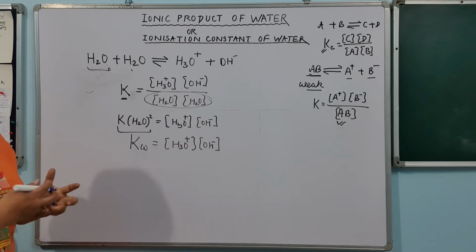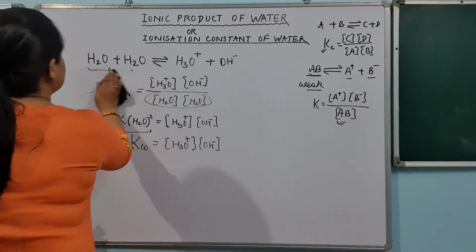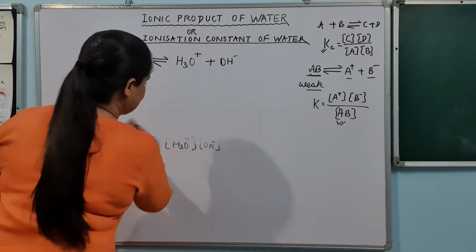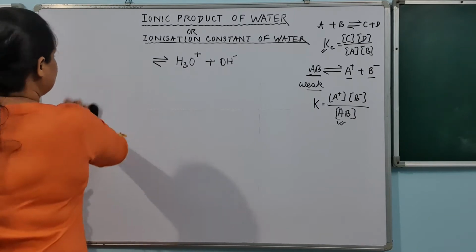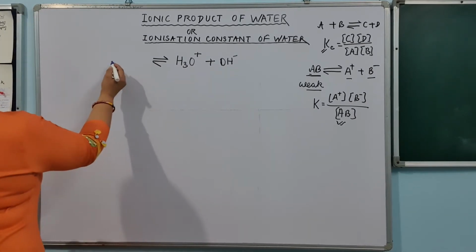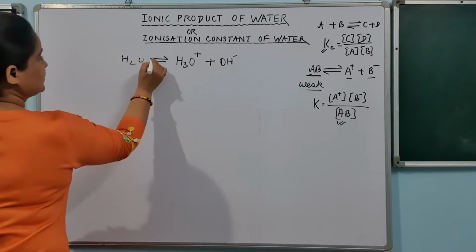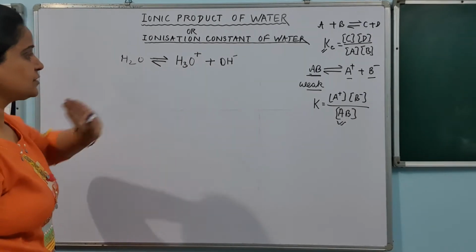Now let us see it this way. Let us apply the Oswald dilution law in that. So I am taking the same reaction. Let's imagine, I am just simplifying it by writing down this H2O here, which is dissociating to give H plus ion and OH minus ion.